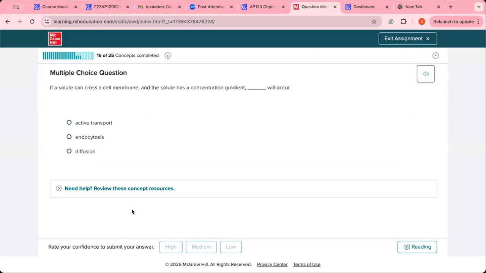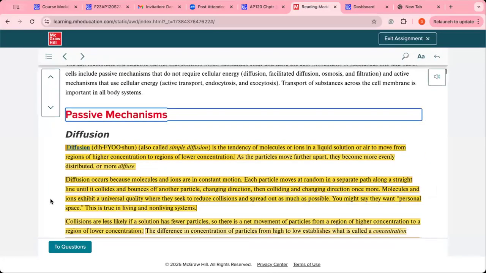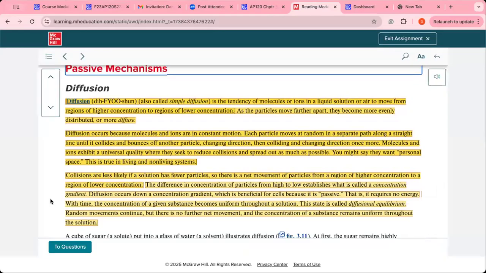A solute can cross a cell membrane. Not sure what it wants here, whether it wants diffusion or endocytosis, because it would go into it, basically. That's what it would do.